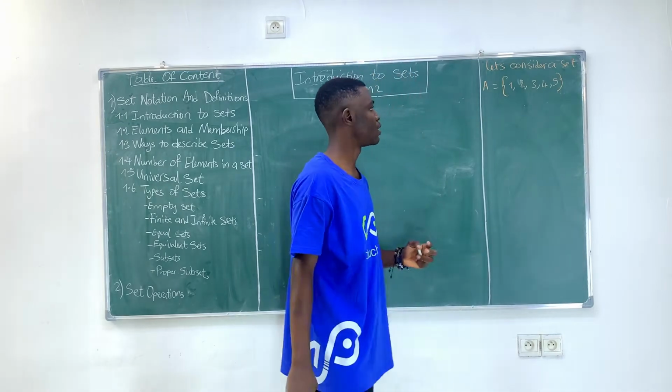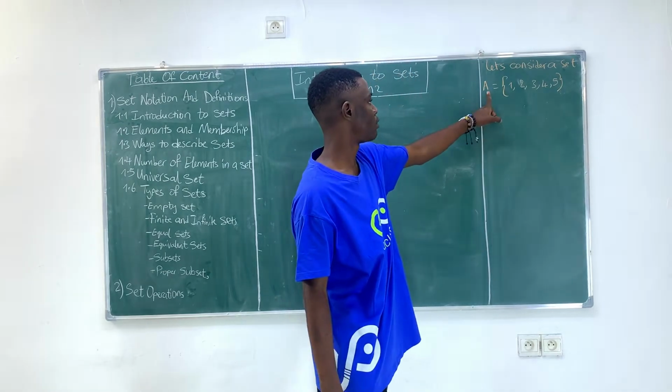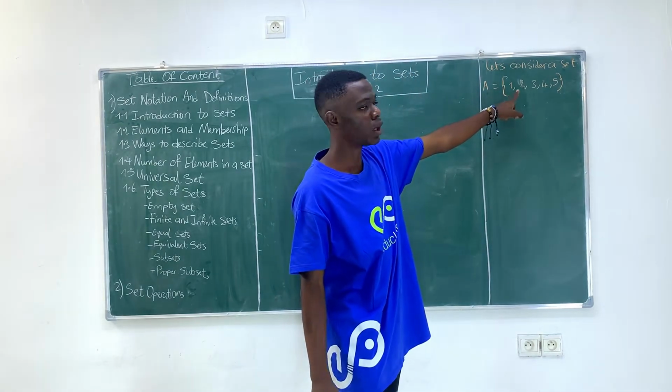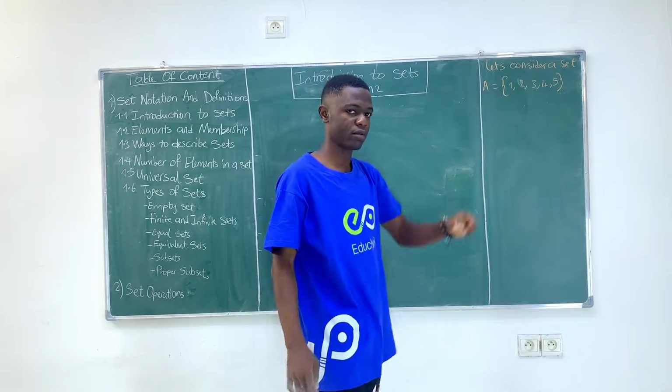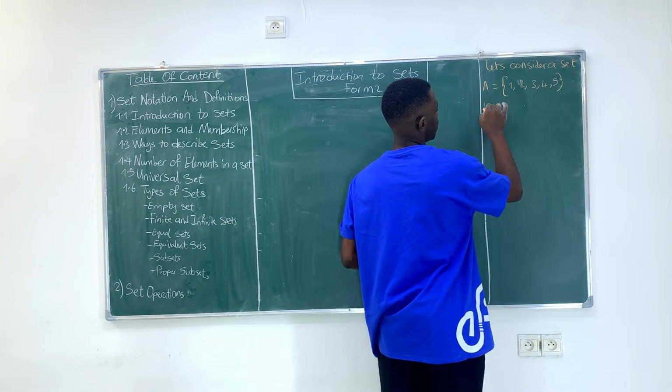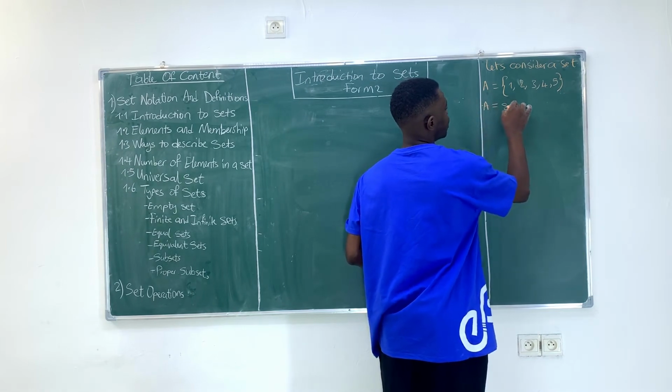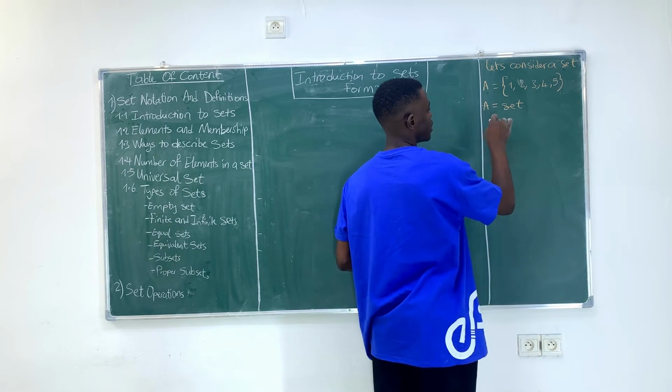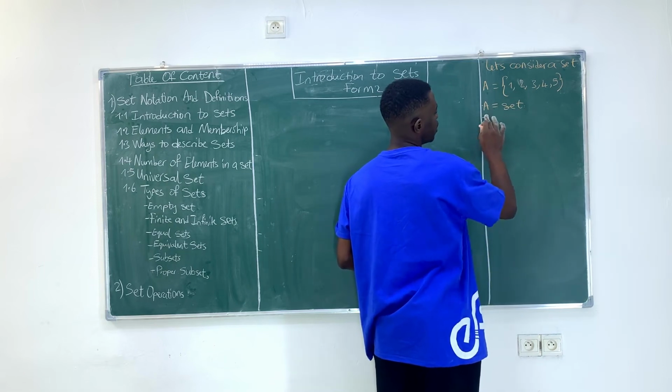So how do you call this set? You say this is a set A containing 1, 2, 3, 4, 5. In that case, A is equal to the set, the name of the set.